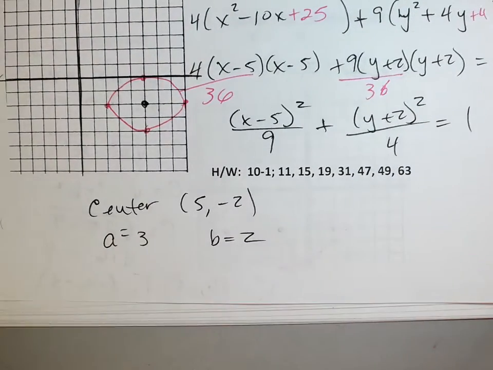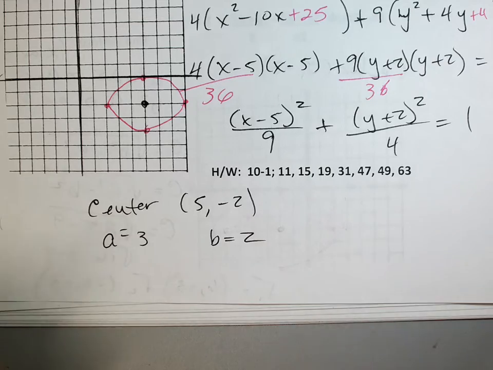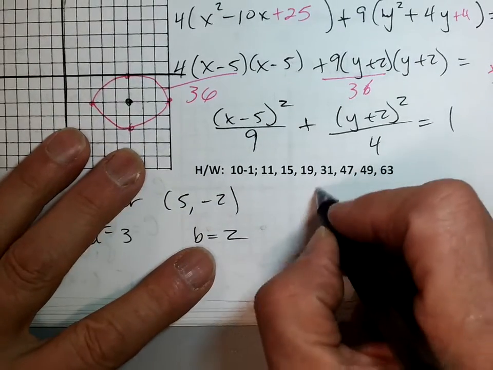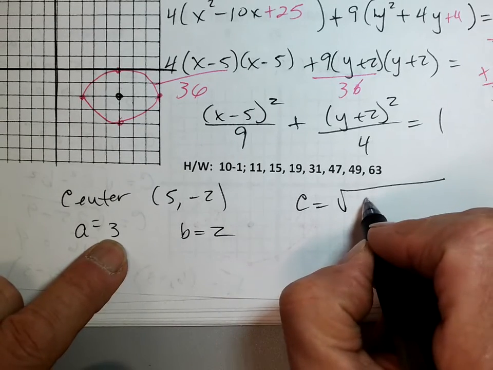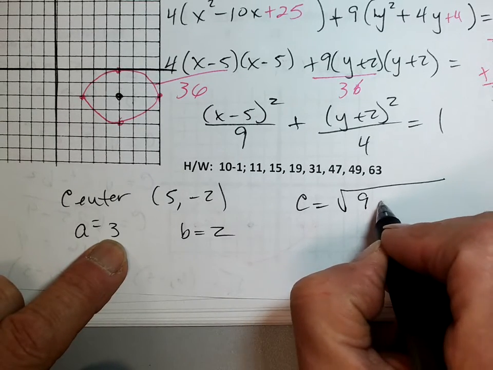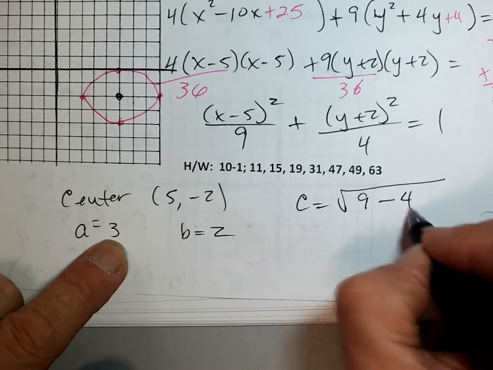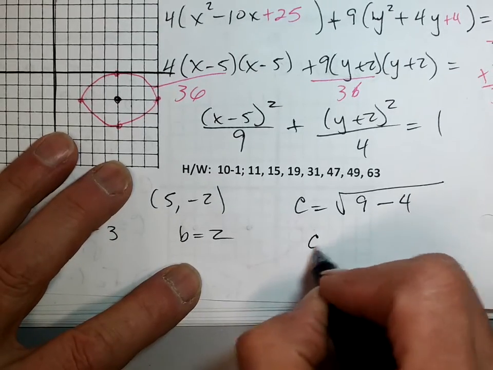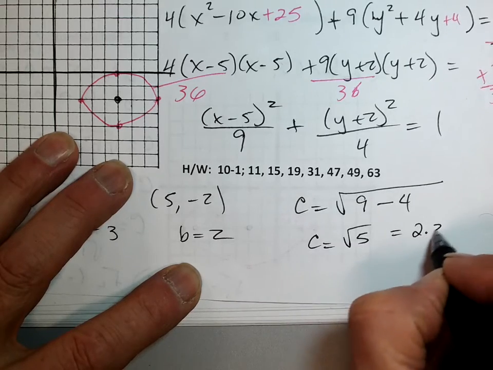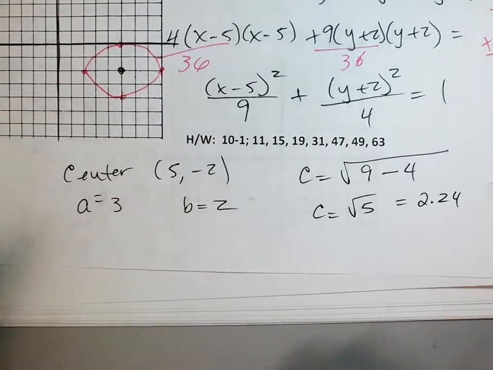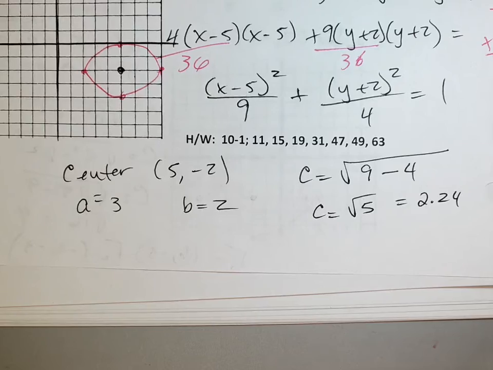How am I doing? I mean, these are not hard, are they? So the last thing I want is c. Well, I've got a formula where c is equal to the square root of a squared minus b squared. c is the square root of 5, which is about 2.24. There are some numbers I know. I have a sick mind, don't I?